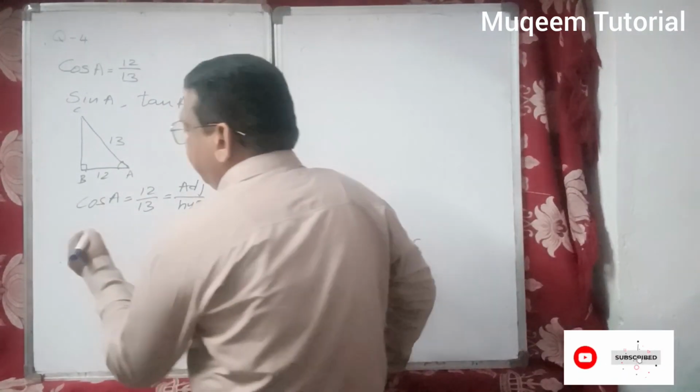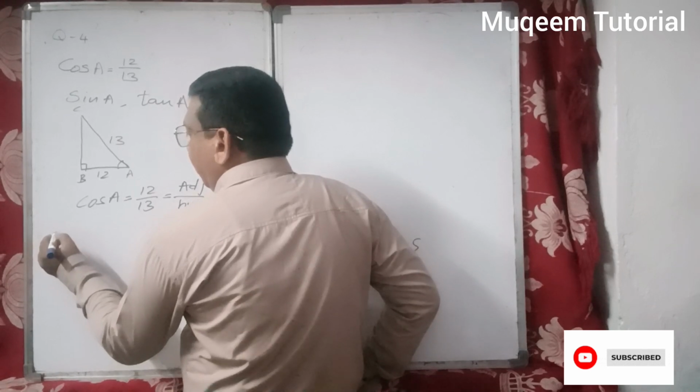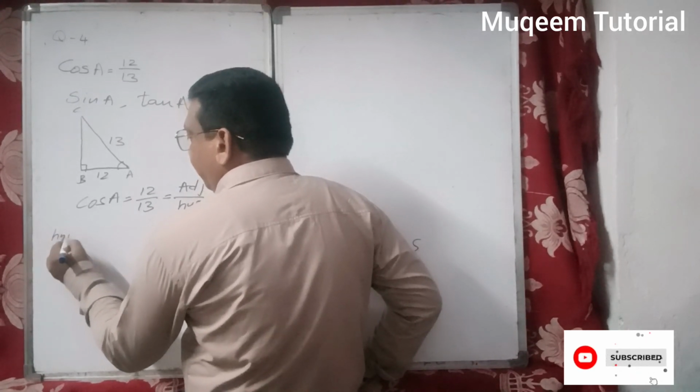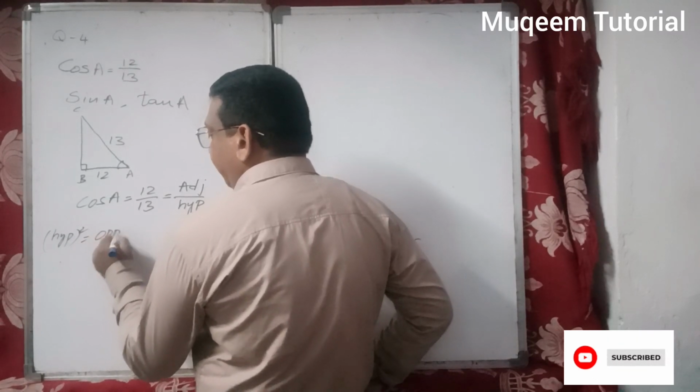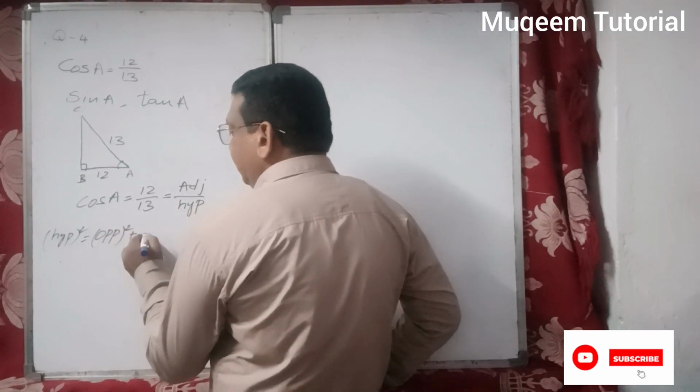Pythagoras theorem says that hypotenuse square is equal to opposite square plus adjacent square.